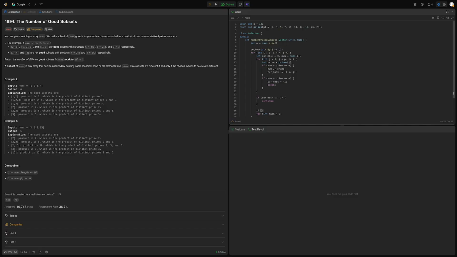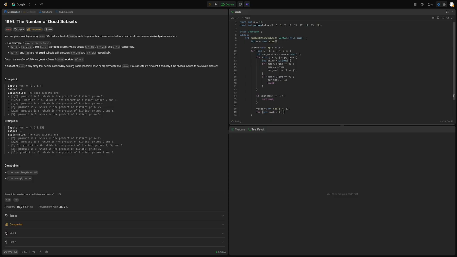Now if we make mdp, so vector int mdp 1 to p. We now go through all the masks, mask another 1 to p, mask plus plus. Okay, so we go through all the masks and NDP.